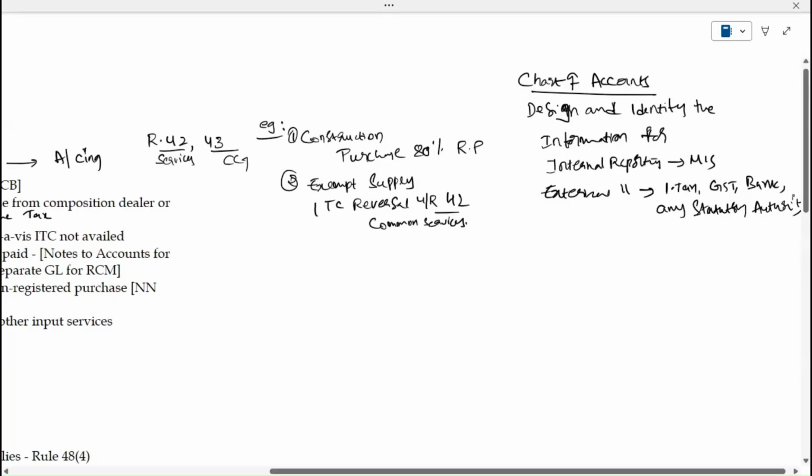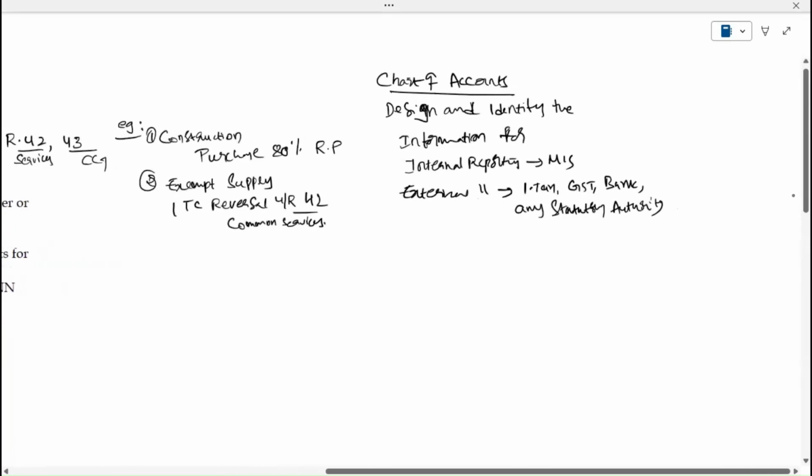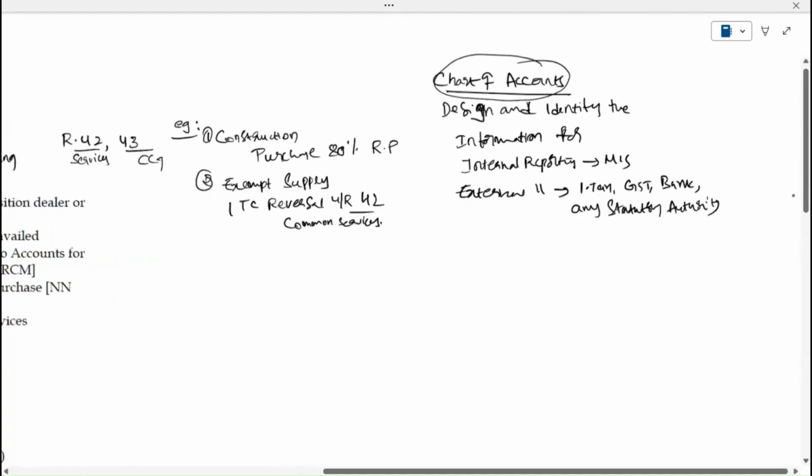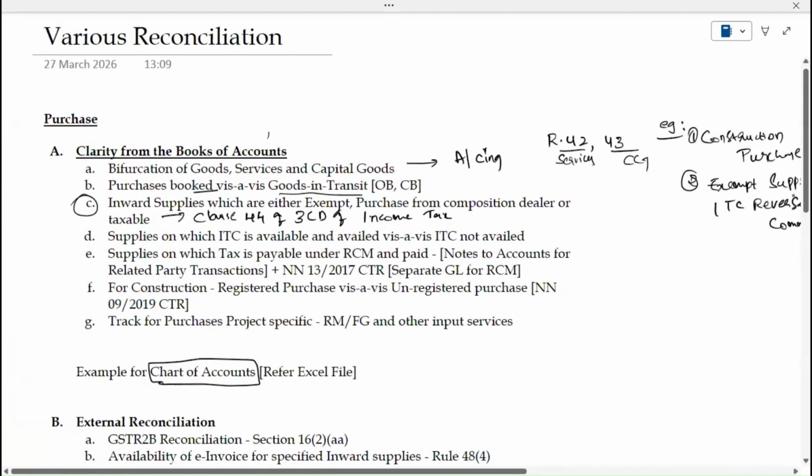So I should understand what is my purpose. If I understand my purpose, chart of accounts is going to help me to have a better presentation of my books of accounts. So we have understood clause C.